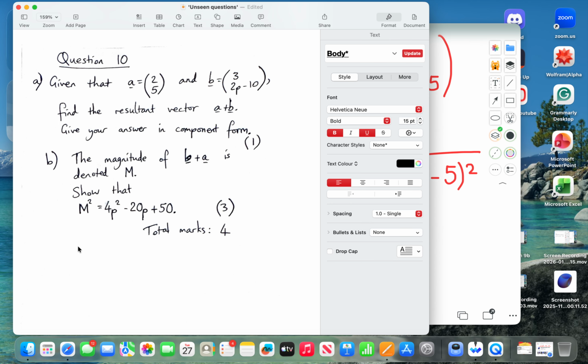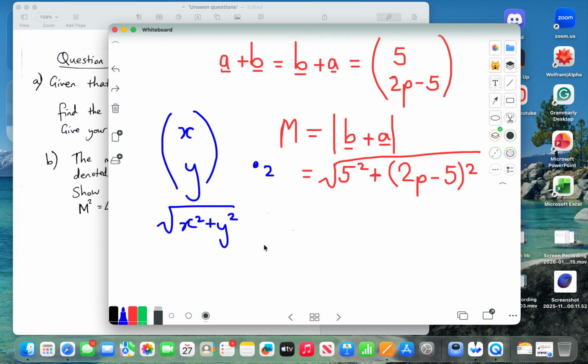The question asks us to show m squared. So if you want to find m squared, we're going to square the m, obviously. So we've squared the left hand side, but if we want to square the right hand side, then the inverse of the square root is a square. So if you take a number and you square root it, then you get the number back again.